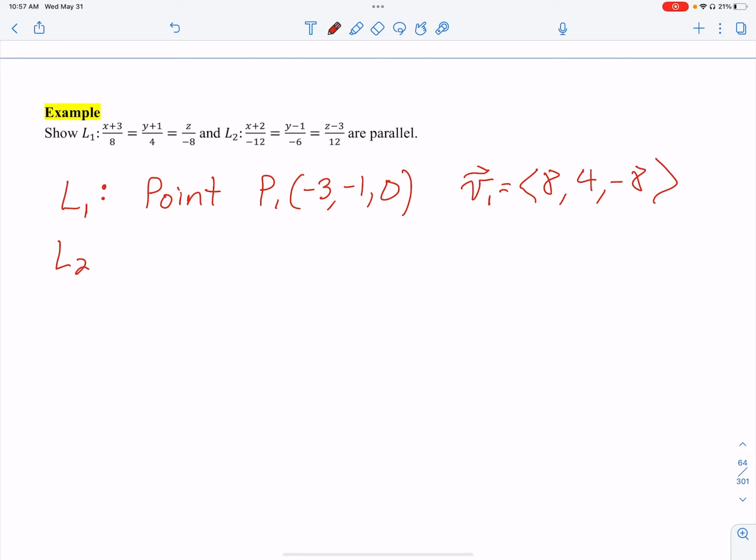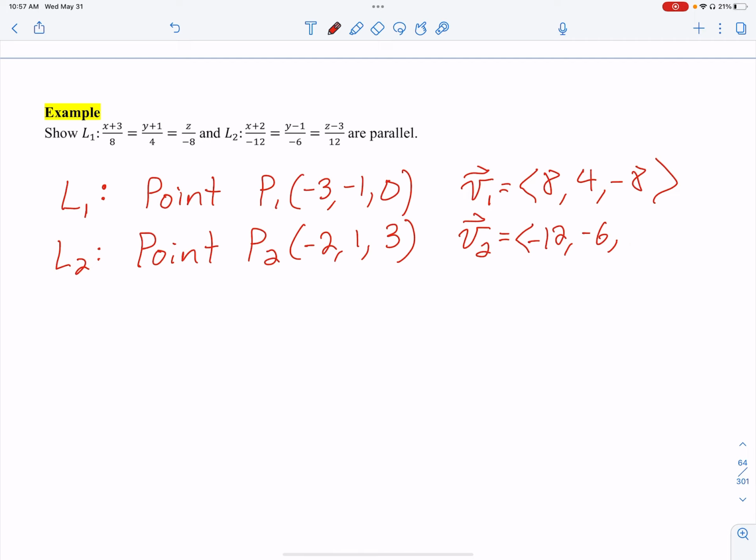Okay, let's do the same thing for line 2. All right, point P2. We can grab those: negative 2, 1, 3. And then the directional vector for that are the numbers on the bottom. Okay, well, here's the deal.